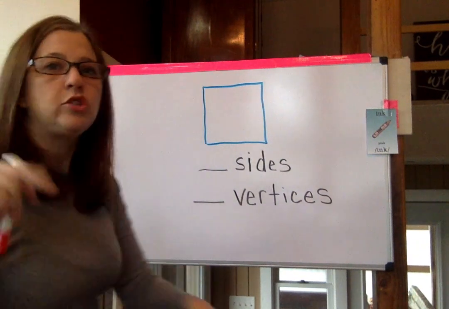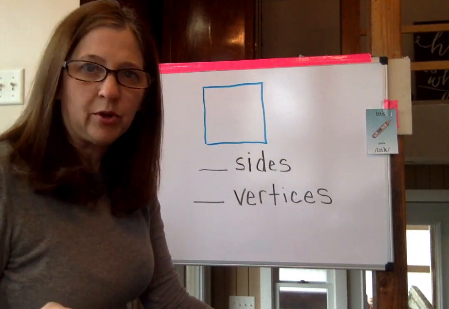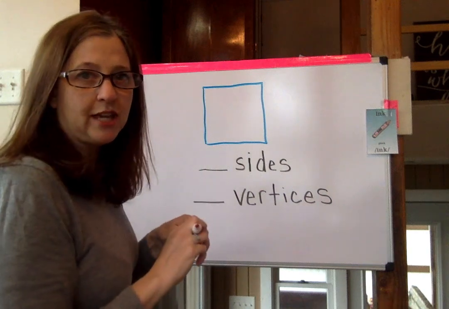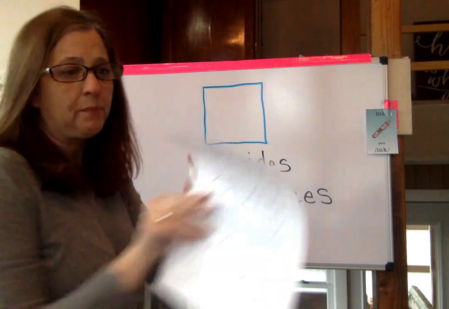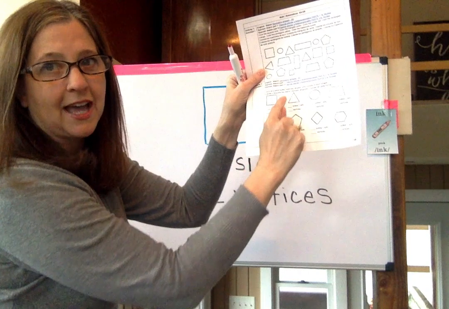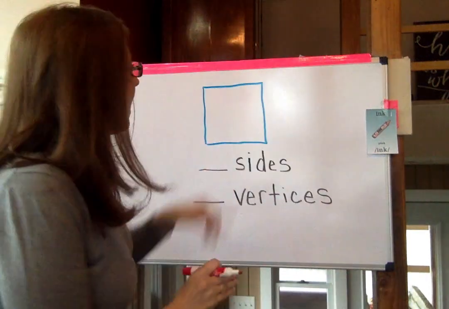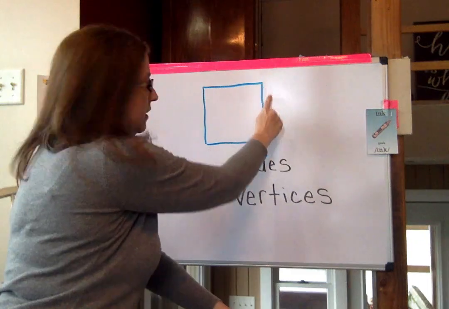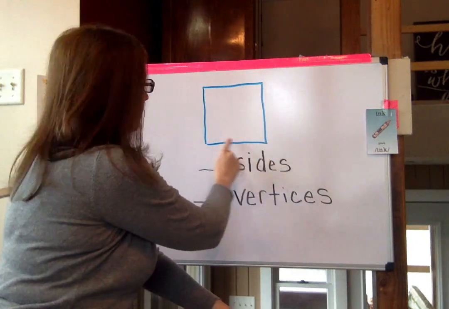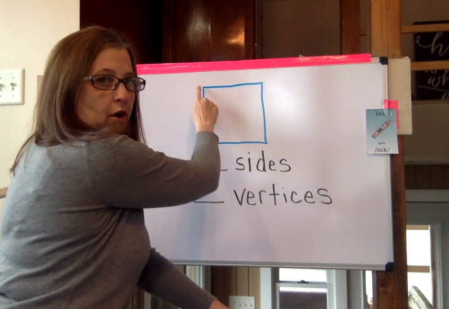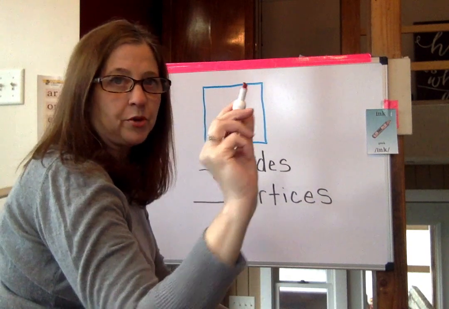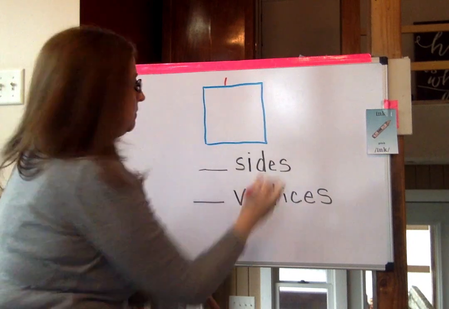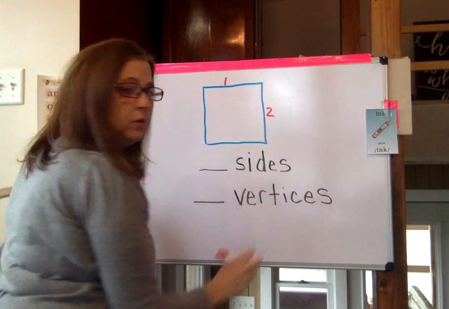Okay, we are going to count and label the sides. So I would like you to take your finger and your page, and I want you to trace the sides on your page as I do it on my board. Ready? 1, 2, 3, 4. Now we're going to label them with a pencil. 1, 2.